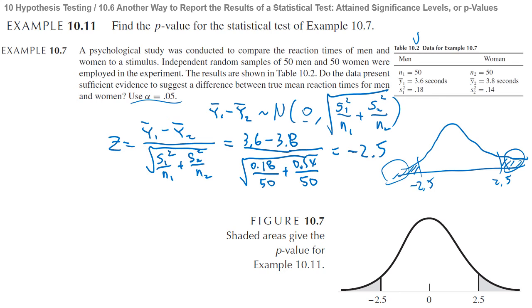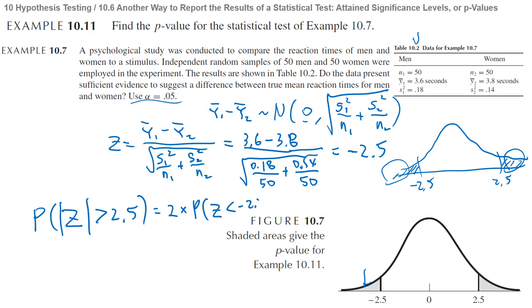So we can calculate the probability that the absolute value of z is larger than 2.5, and actually this is 2 times the probability that z is less than minus 2.5.